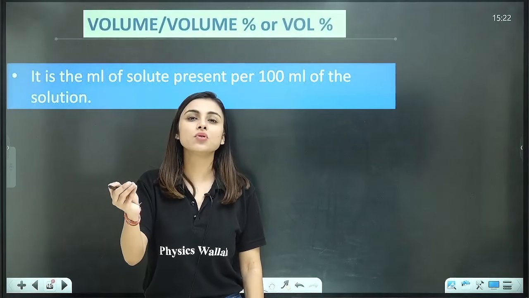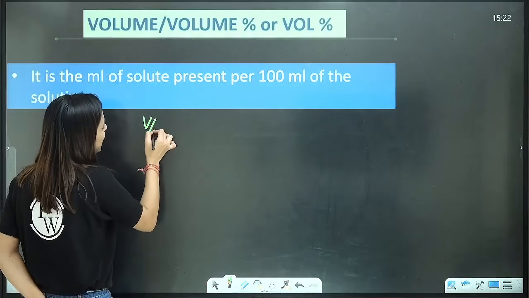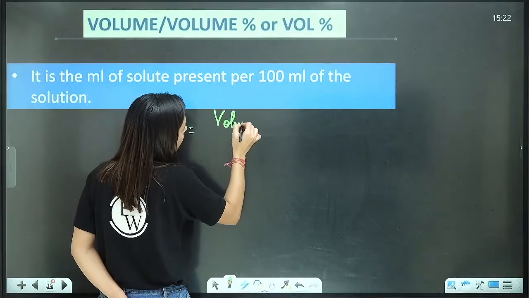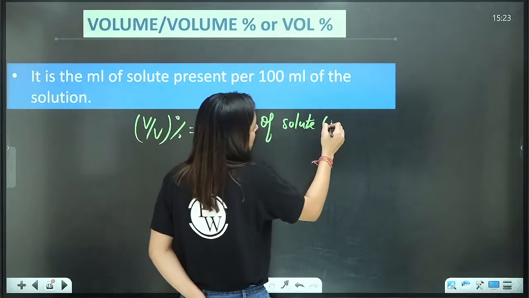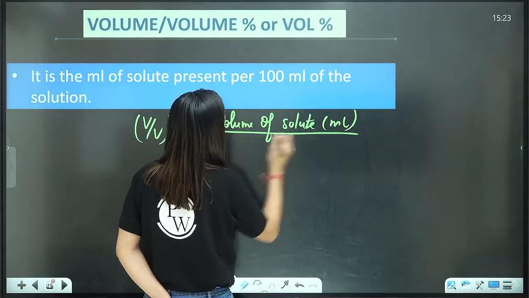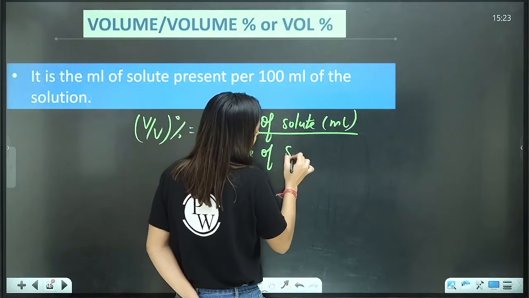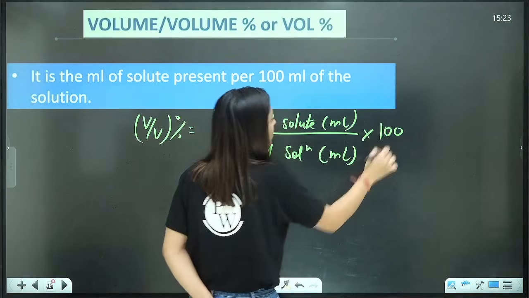Volume by volume percentage would be equal to volume of solute in milliliters divided by volume of solution in milliliters, into 100. This would be the formula.